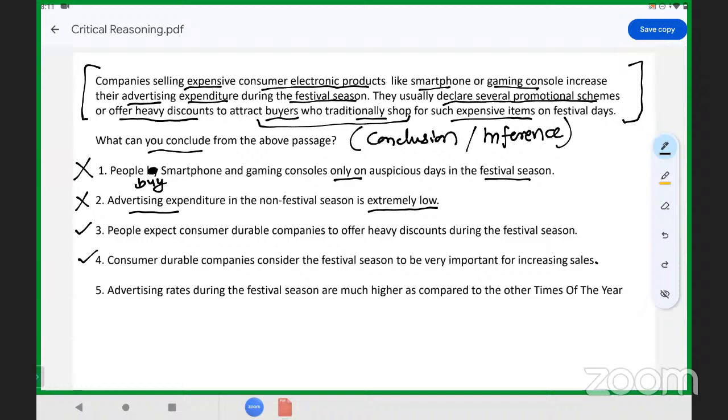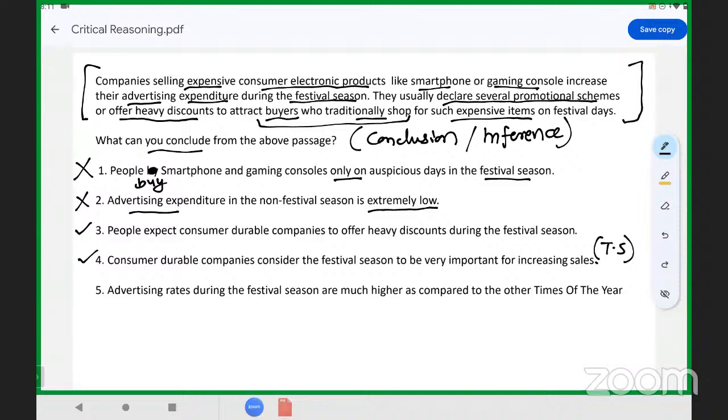Yes, it is mentioned in the above passage that they usually declare several promotional schemes or offer heavy discounts on festival days. So they do all of these things to increase their sales, because they attract buyers who traditionally shop.